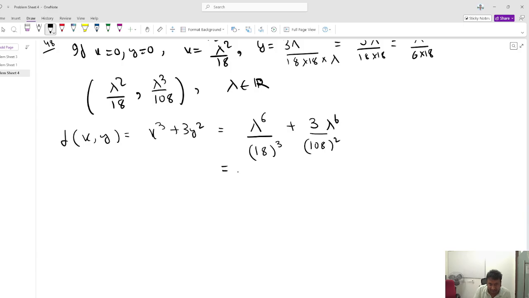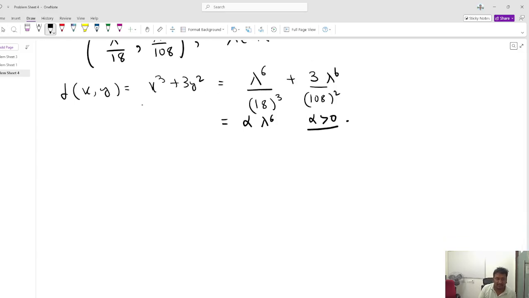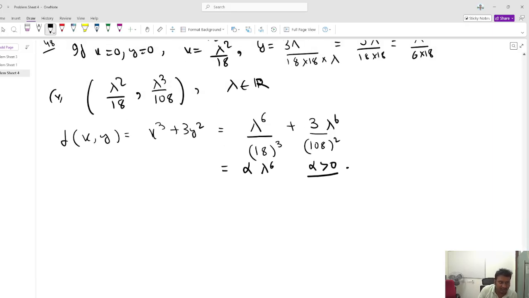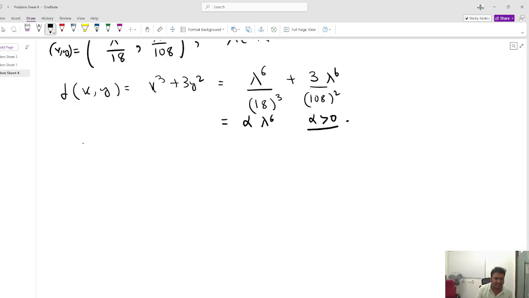So let me call it some number alpha lambda to the power 6. You know that alpha is always bigger than 0, right? It's a number bigger than 0. Well, this is what the function becomes if we evaluate at this point. Now, in other words, you just have to maximize or minimize this function. So call it, say, capital F of lambda, which is alpha lambda to the power 6.